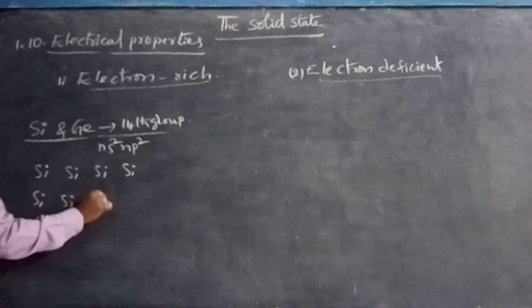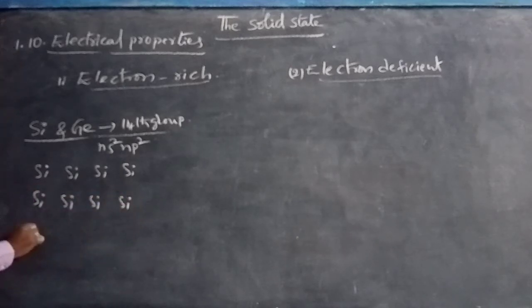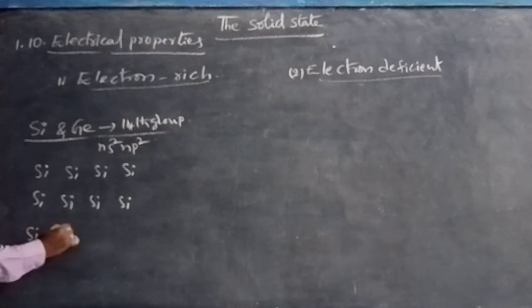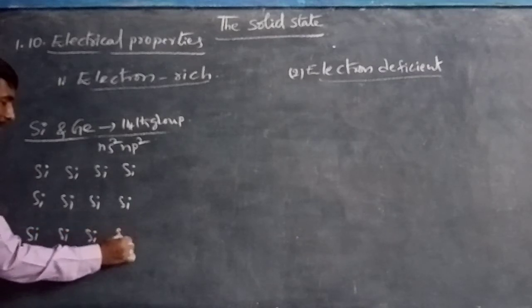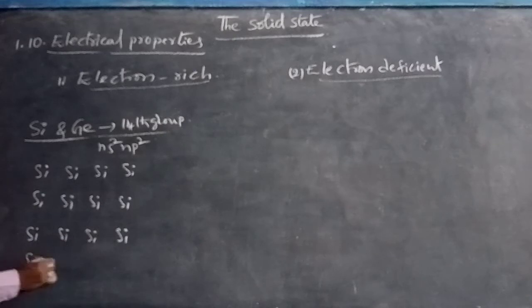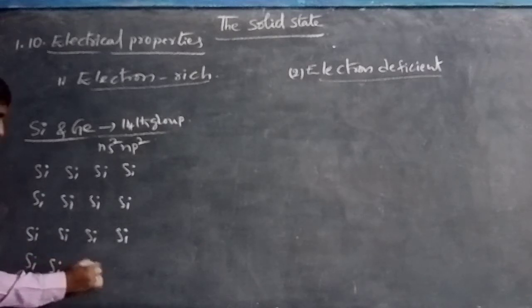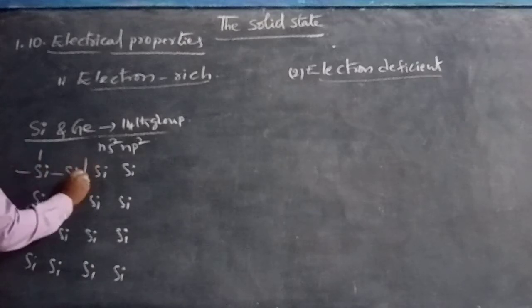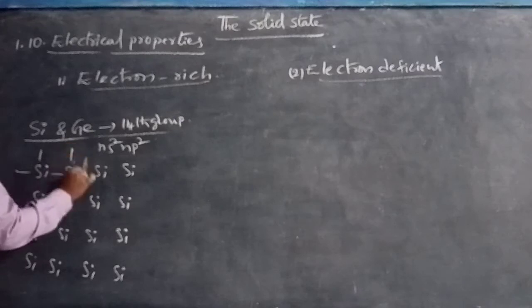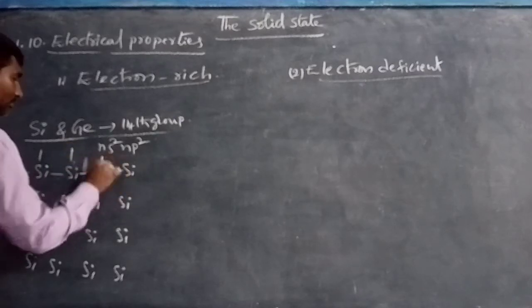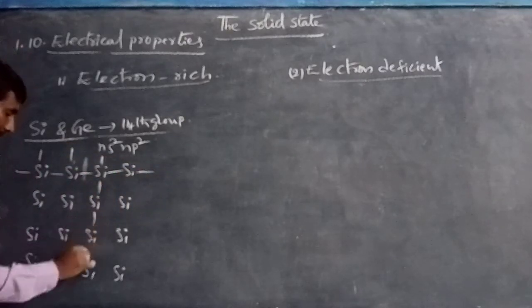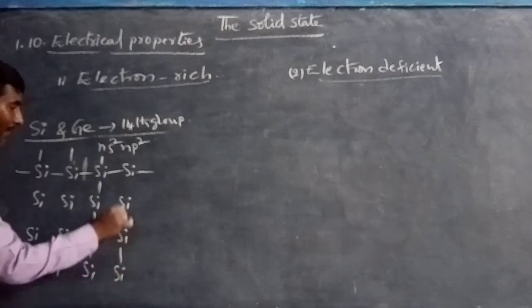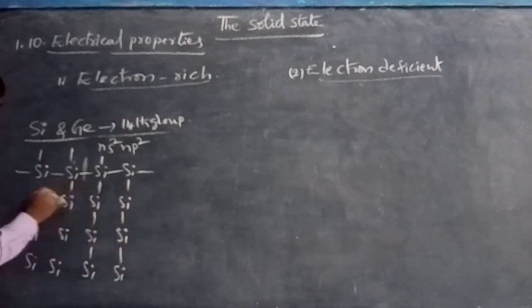Each silicon has 4 electrons around it, because it has 4 electrons in its valence shell. So that's why it has bonds like this. Each bond has how many electrons? 2 electrons.